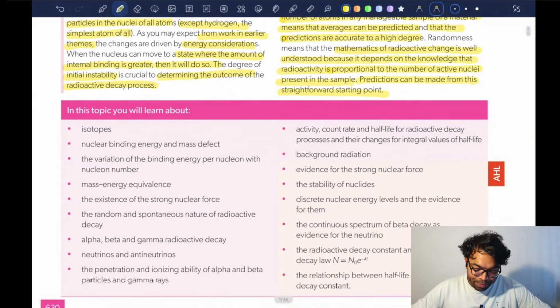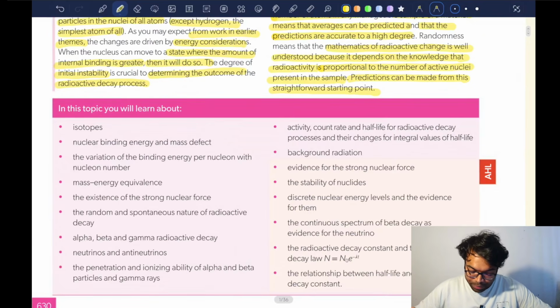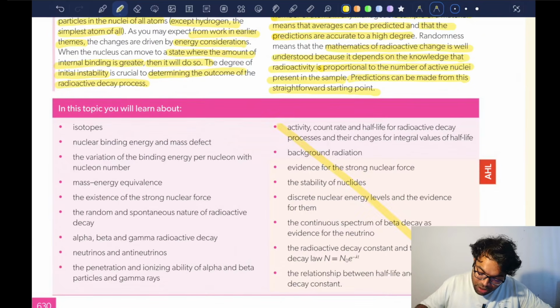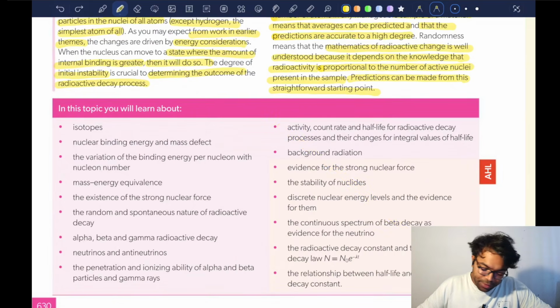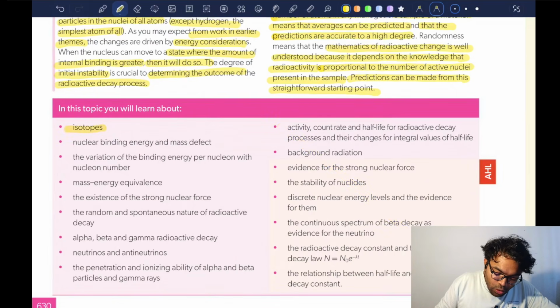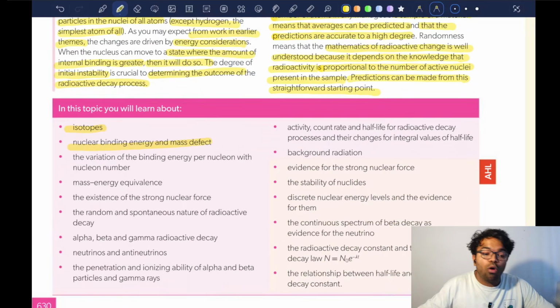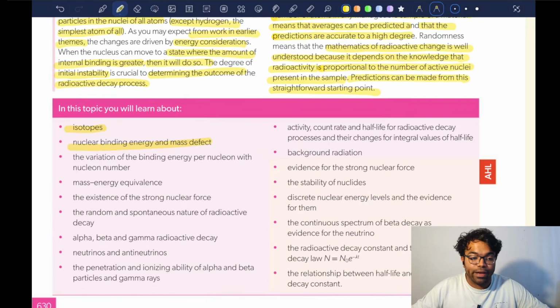Let's start the topic. What are the things that we are going to learn today? Oh, this whole section is not there. No, just some background radiation. Oh, background radiation. Okay, fine. So, isotopes, nuclear binding energy and mass defect. Oh, mass defect is going to surprise you like hell. It is amazing. Now, you have learned that mass can neither be created nor destroyed. Yeah, it's wrong.